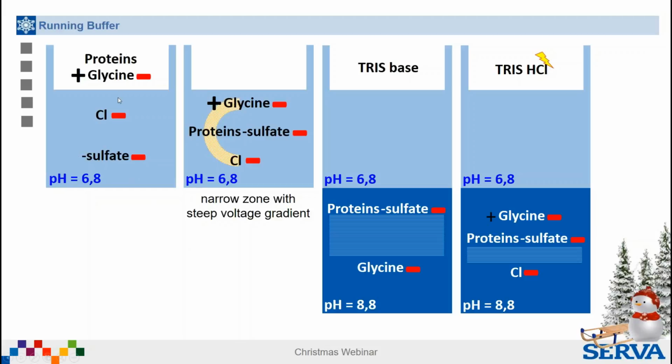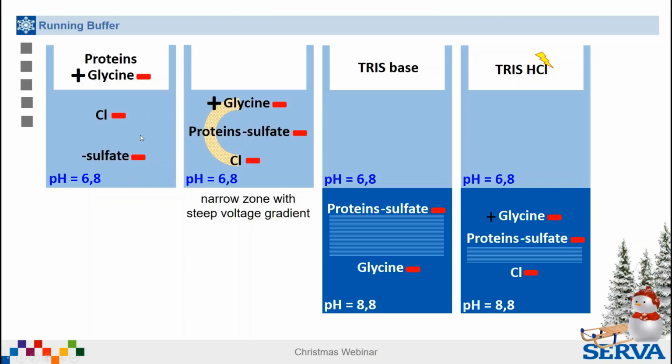First, on the left side, this is the state just shortly before applying the voltage. You have your cast gel here that has pH 6.8, and you loaded your samples. So you have your proteins here and you have glycine here, and this glycine at pH 6.8 has a plus and a minus charge, so it seems uncharged, but it isn't.